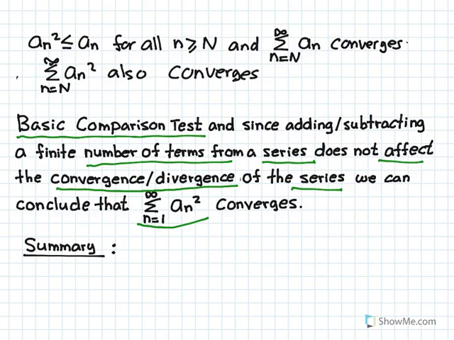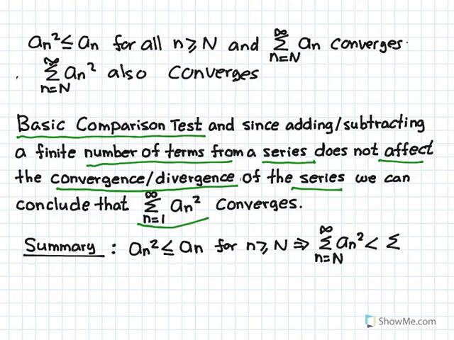So let's summarize. a_n squared, every term of our given series, is less than or equal to every term of the comparison series for n larger or equal to capital N. This implies that the sum of our given series is less than the sum of our comparison series, which converges by assumption, the summation from n equals capital N to infinity of a_n.